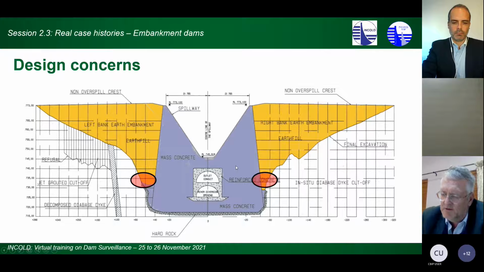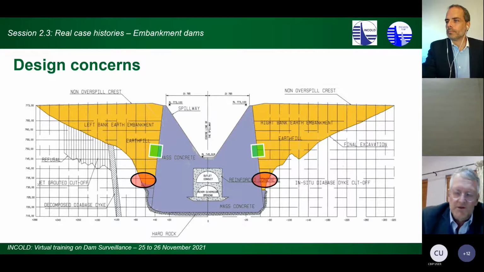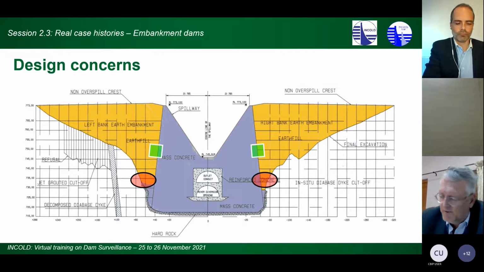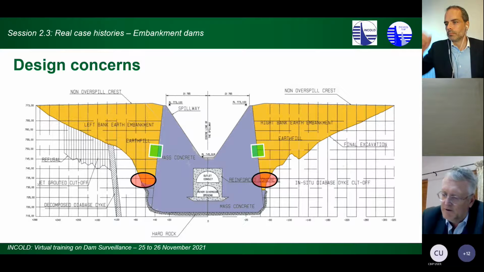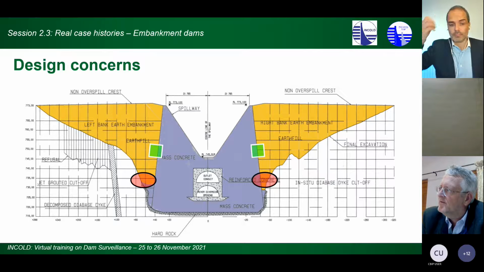Arching means the earth will arch, and then below that arch, you most probably will have negative effective stresses in your embankment. The other concern always when you build earthfill against concrete is that you might also have some negative effective stresses, and you might have some piping that happens along the contact.